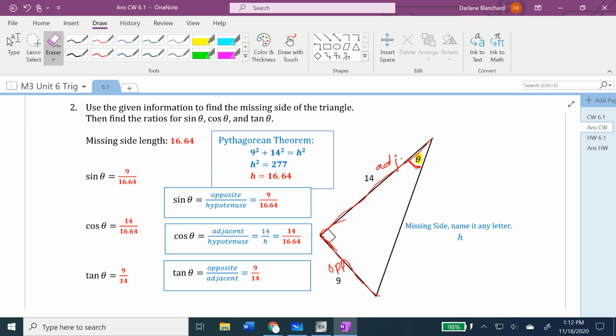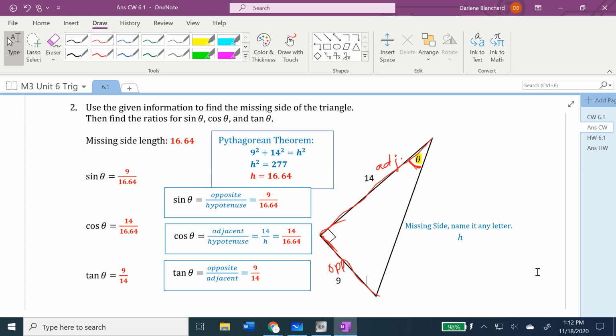All right, do you feel like you've had enough time to do number 2? And write down your 3 trig ratios? And I've got to say, the most important thing for you to do today is make sure that you have SOH-CAH TOA memorized.